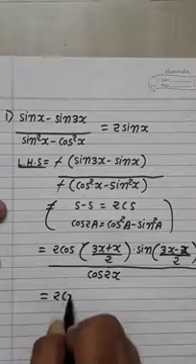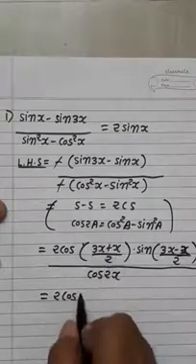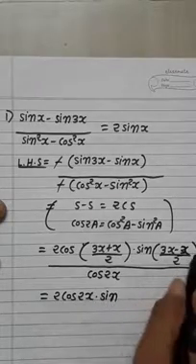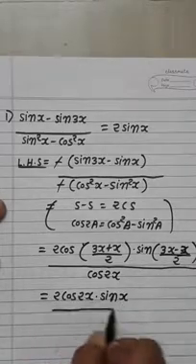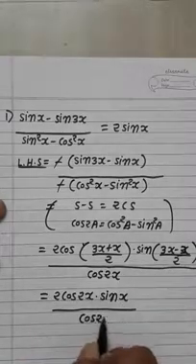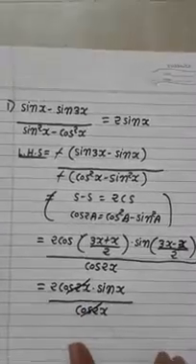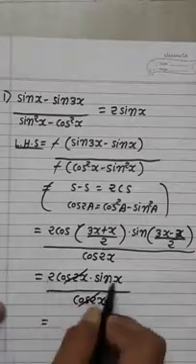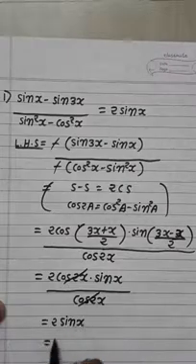So 2 times cos of (3x plus x) means 4x divided by 2, so cos 2x into sin of (3x minus x), that means 2x divided by 2, means sin x, upon cos 2x. Now cos 2x cancels out in the numerator and denominator. So the remaining term is 2 sin x, which is equal to the RHS side.